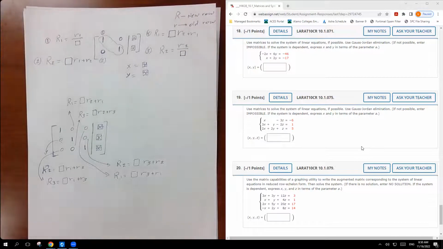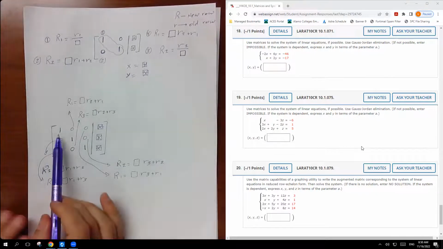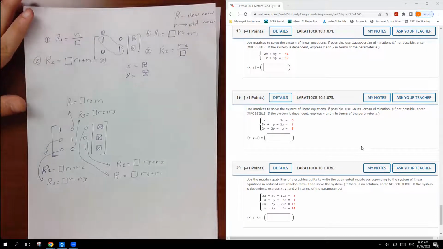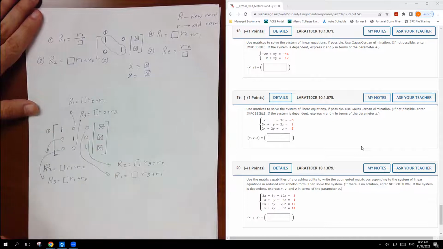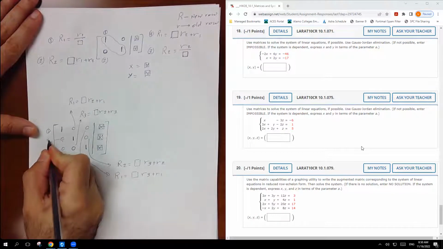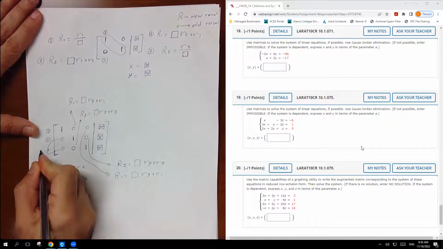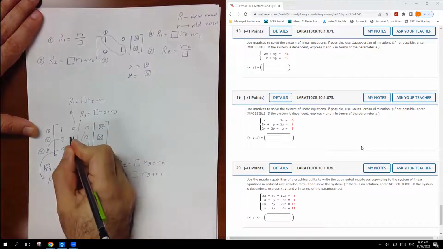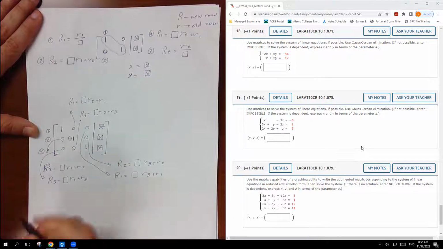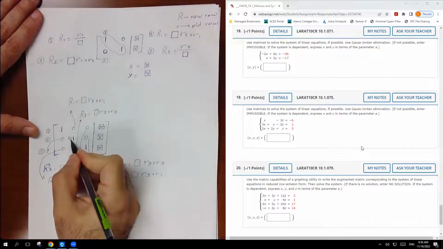So almost the whole rule, except rule number 1, you're going to divide. So this is number 1, this is number 2, this is number 3. This is step 4. Now, this is step 5.